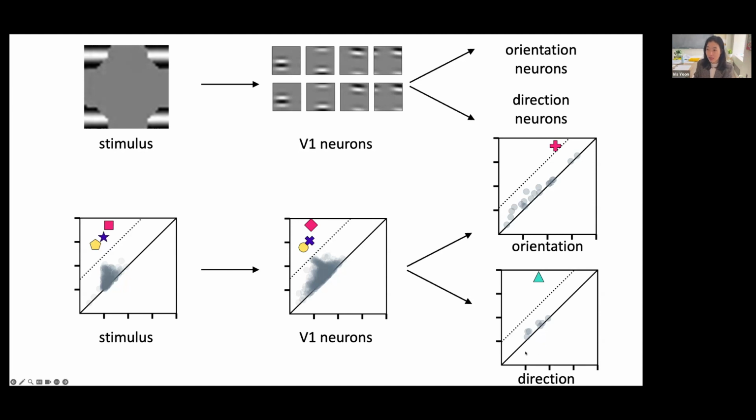Whereas if you don't see any relations, as you see here between the V1 neurons and the direction neurons, that's an indication that the information encoded by the direction neurons is probably a result of some kind of higher level computation, or they're just picking up something completely different from what's being encoded by V1 neurons.